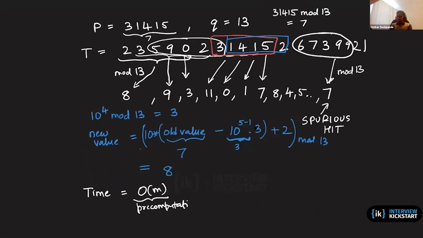Pre-computation. And then we start our sliding window where in each step we can compute the numerical value of the next window from the previous window in constant time. So since there are roughly n minus m plus 1 such windows, that's the amount of time we'll take. This is the part where we have a fixed length sliding window.